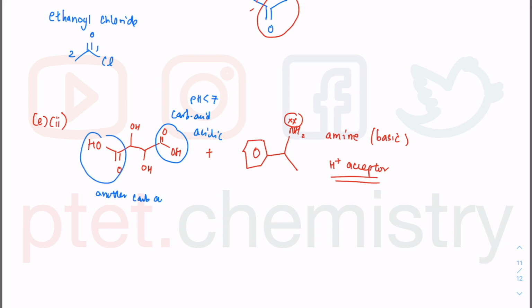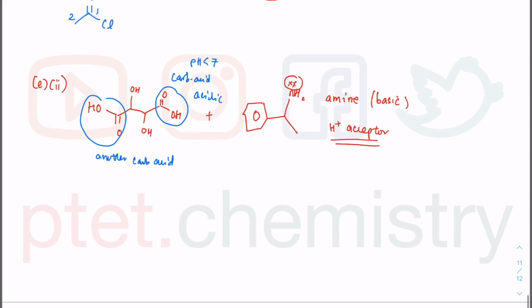So when they say an ionic salt, the key thing here really is the question says an ionic salt, and then they say draw the structure of the salt. So in accordance to what the question is saying, there's only one salt that you're forming.